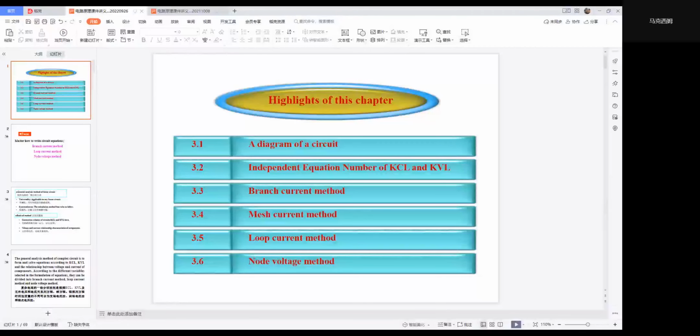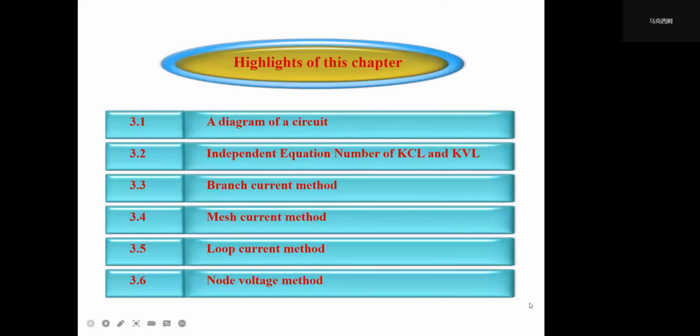Okay. From last week's study, we have already learned about the diagram of the circuit. The diagram is basically a methodology for how to abstract a circuit into a graph consisting of dots and lines.